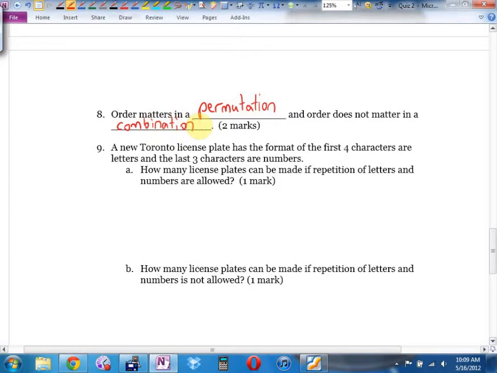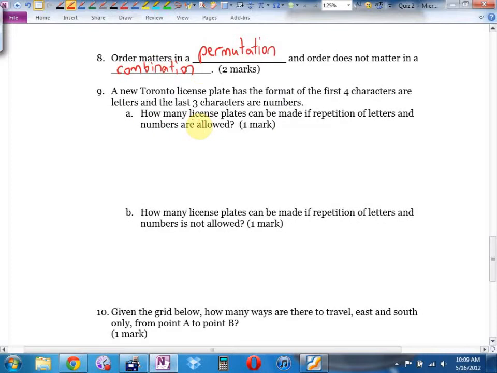Number 9, new Toronto license plates. 4 characters are letters, 3 characters are numbers. This is a job for the fundamental counting principle. It says repetitions are allowed, so I got 26, 26, 26, 26, 10, 10, 10, because a license plate can begin with a 0.